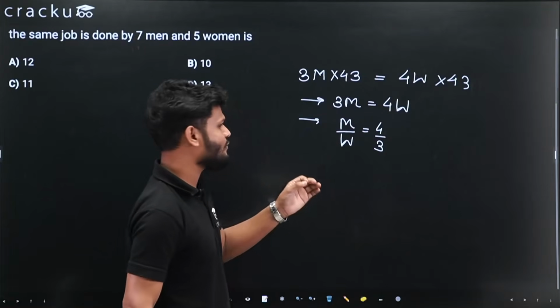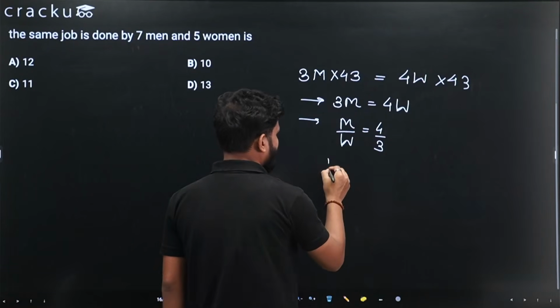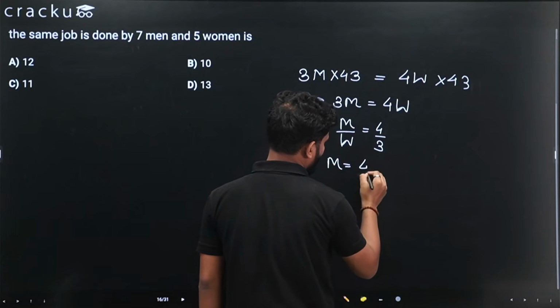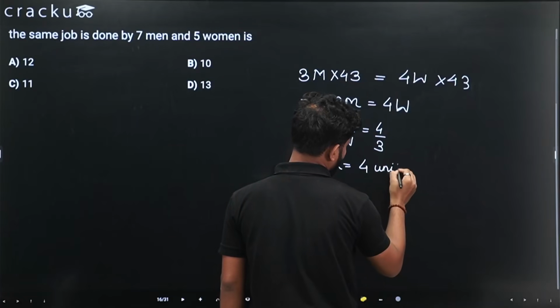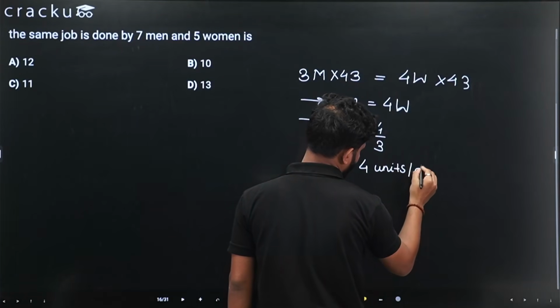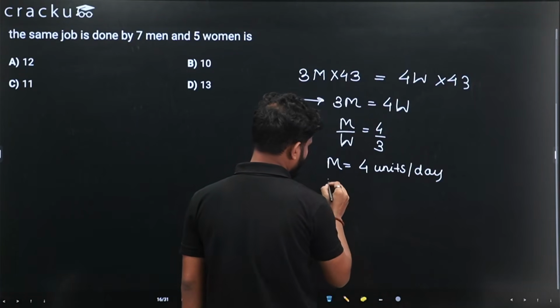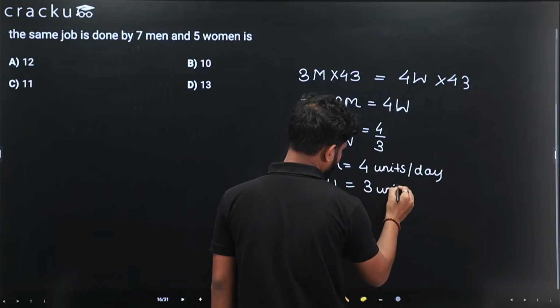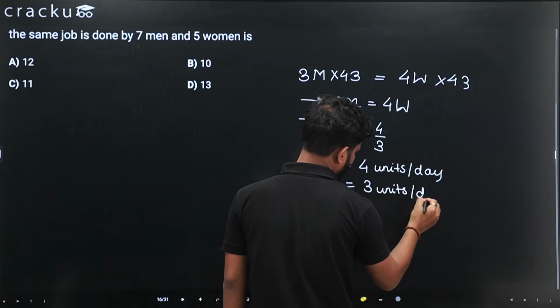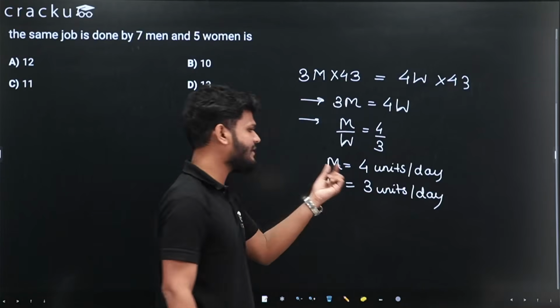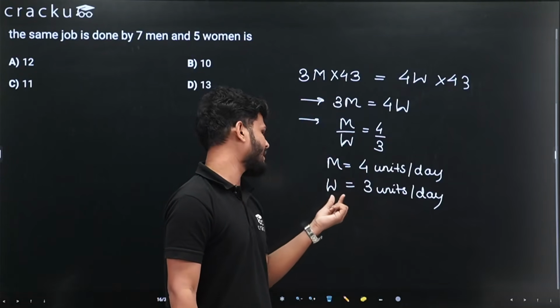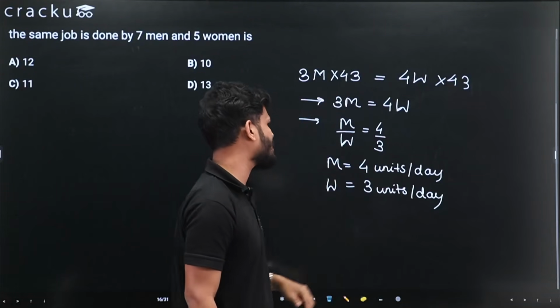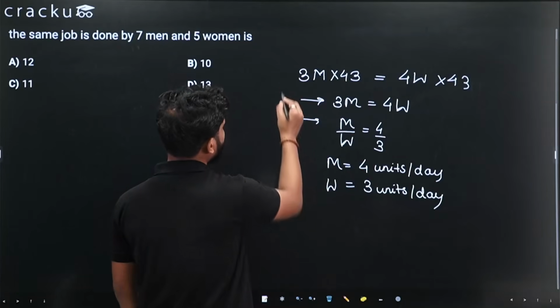So let us assume for the sake of it that M is what? 4 units per day, and W is what? W is 3 units per day. Now every man does 4 units per day, every woman does 3 units of work per day. And how much is the total work?